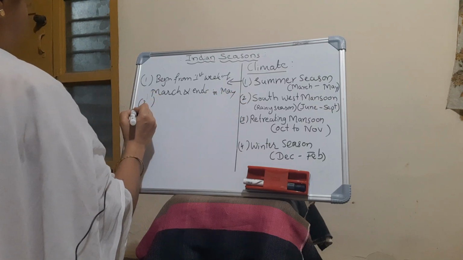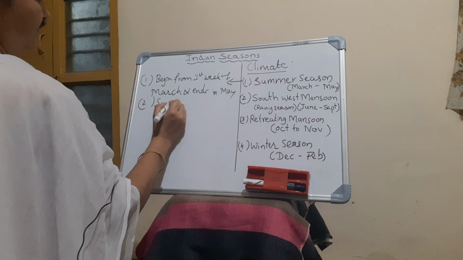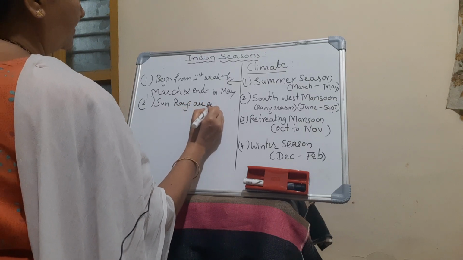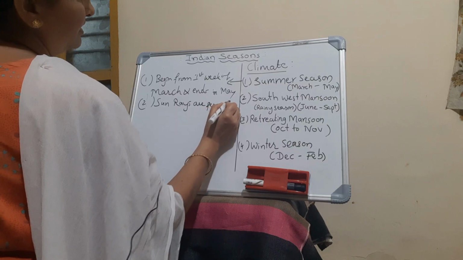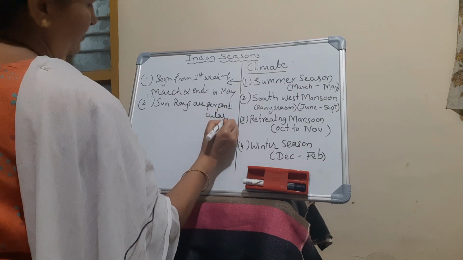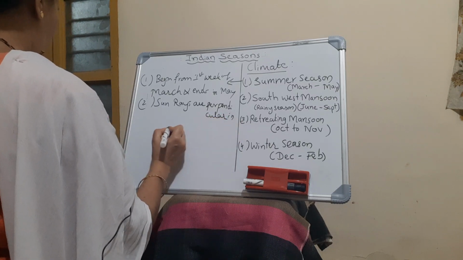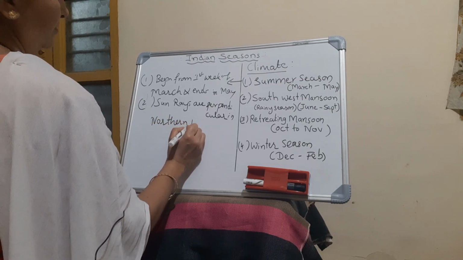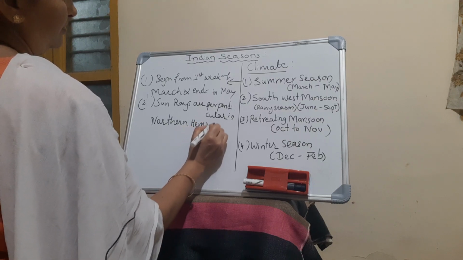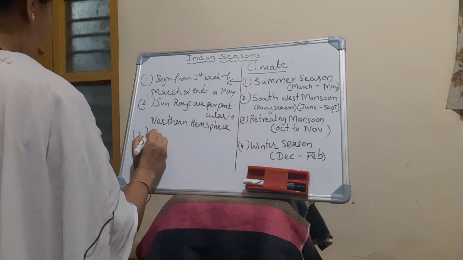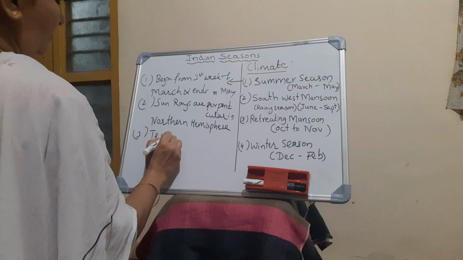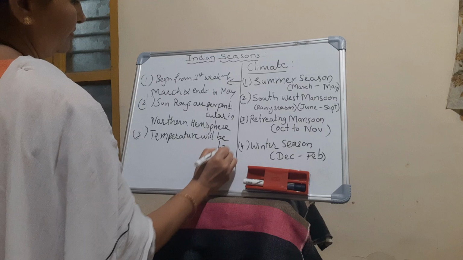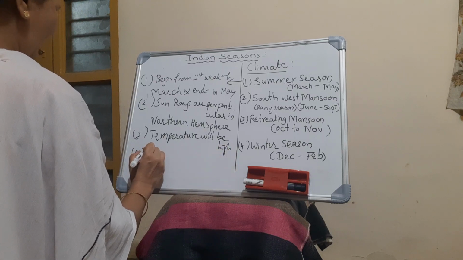Second, sun rays are perpendicular in the northern hemisphere. Third, temperature will be high. Fourth, days are quite long.